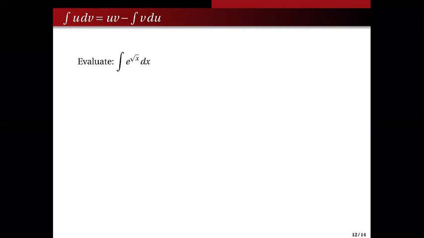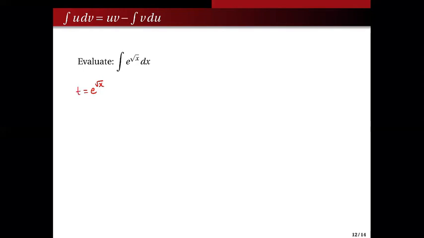In here, we can let u be equal to e raised to square root of x. Instead of u, I'll be using t, because again, I will use integration by parts, and I'll be using u and v there.